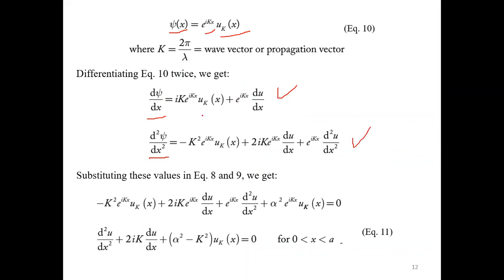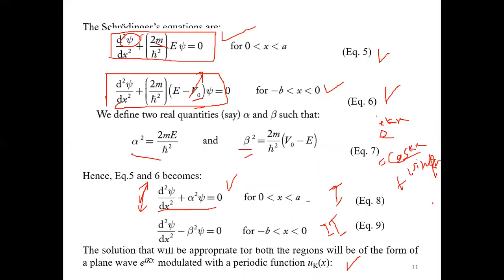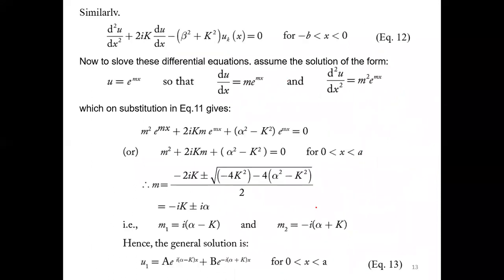Now we will substitute the value of d squared psi dx squared in equations number 8 and 9. If you substitute this value in equation 8, we will get this equation. And then if you substitute this value in equation number 9, then we will get this value.